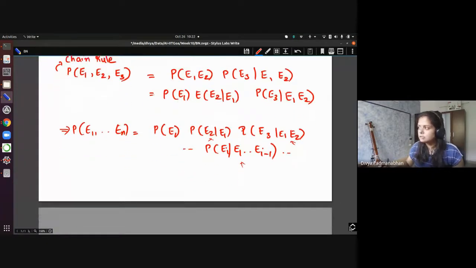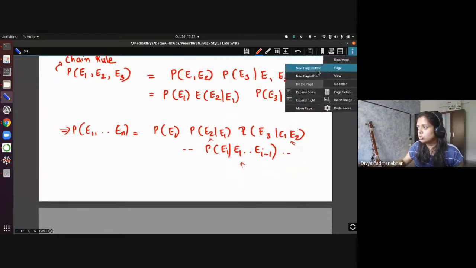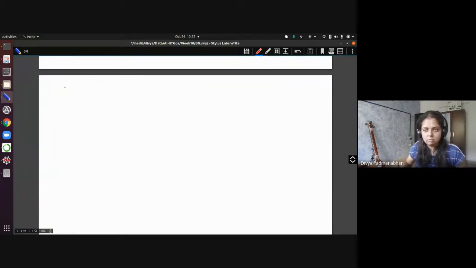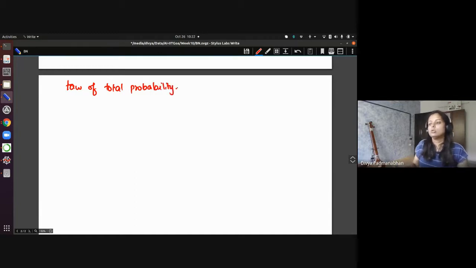So now another thing I wanted to talk to you about is the law of total probability. Let's do one example. Suppose there was a smuggler you're trying to capture, and the smuggler is trying to escape.